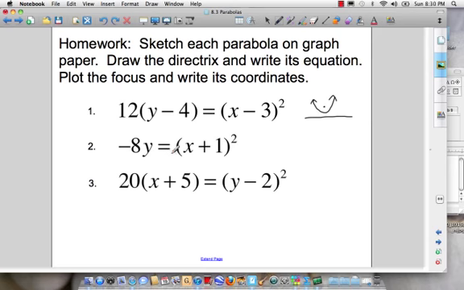This number 2 is still vertically aligned, but because of this negative, it's going to be pointing downward, and the focus will be inside and the directrix outside. And then this last one, since the y is squared, and this number's positive, it's going to be horizontally aligned. It'll open to the right with a focus inside and a directrix outside. Please do this on graph paper.